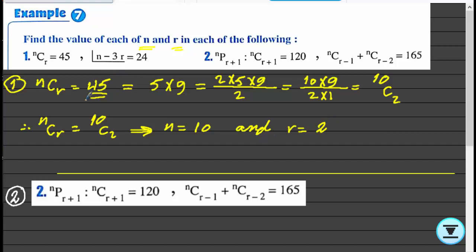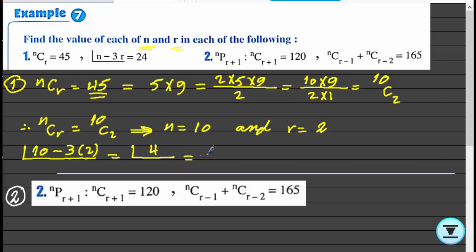And we try it here, if it satisfies the other part, factorial (n minus 3r) equals 24. We will substitute n equals 10. We will get factorial (10 minus 3 multiplied by 2), and you complete, it will be factorial (10 minus 6), it's factorial 4.